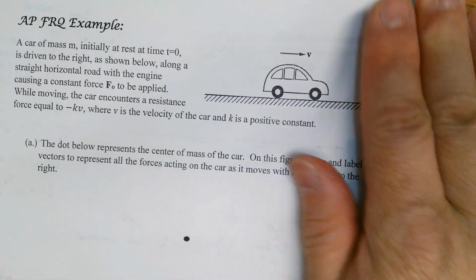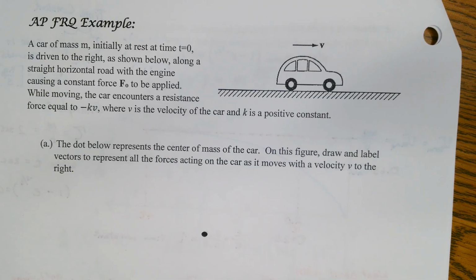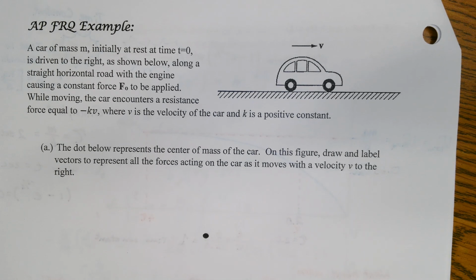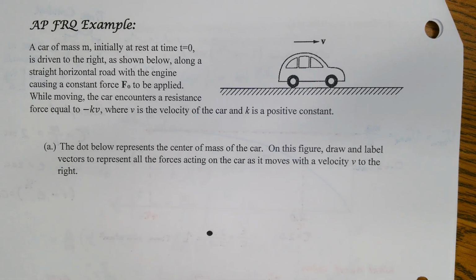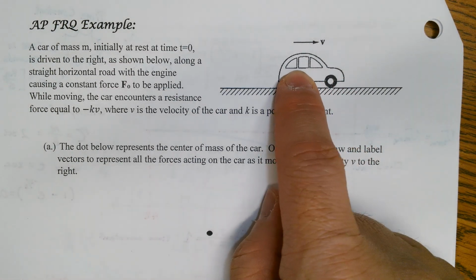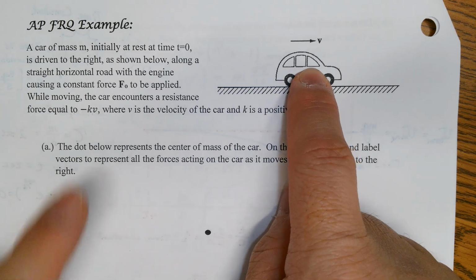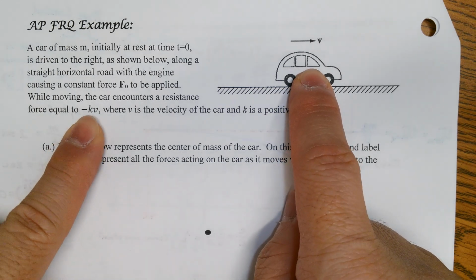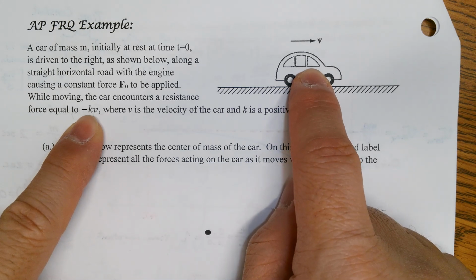Now, this is straight out from a previous AP test question. This basically is a drag force problem where as the car approaches a higher and higher speed, the drag force will be kV, right? So this would be very similar to what we did.